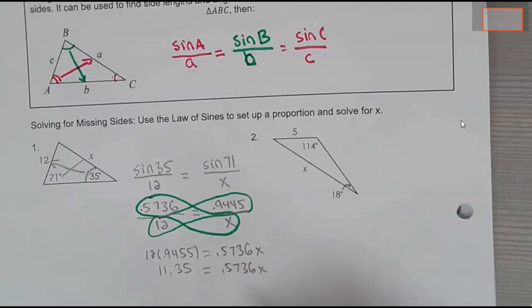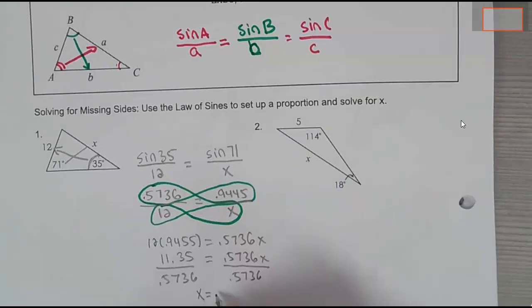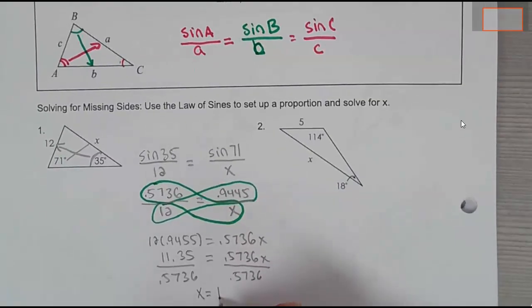Then I would just divide by 0.5736, and what I would end up with is that the missing side would be approximately 19.8.